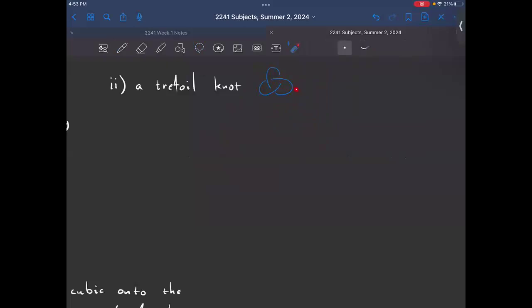Let's say that the x-axis goes along one arm here. We're going to do this in 2 dimensions first. Look at the projection of the trefoil, and then we'll figure out how to fix the z-axis part afterwards.